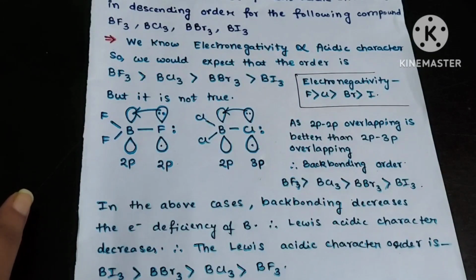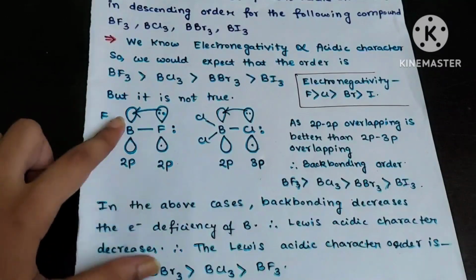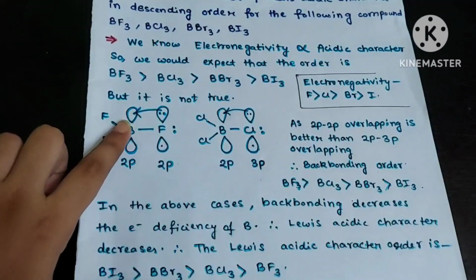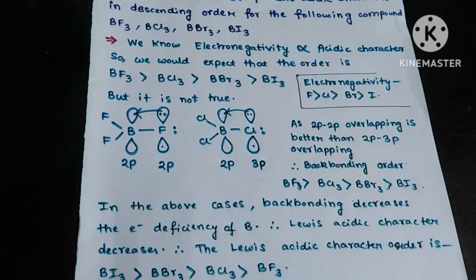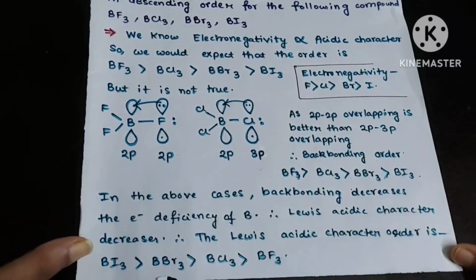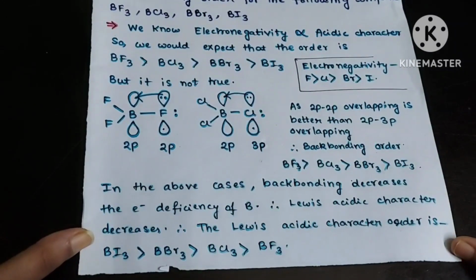But due to back bonding the electron deficiency is decreasing. Electrons are transferred and the electron deficiency of boron decreases. Therefore its Lewis acidic character also decreases. So the Lewis acidic character order is BI3 greater than BBr3 greater than BCl3 greater than BF3.